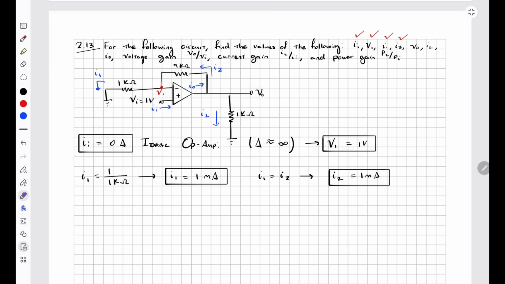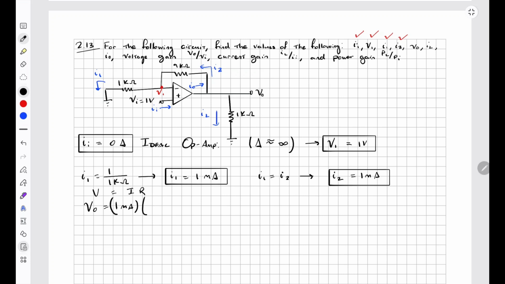So it's just the voltage drop across these two resistances, through which I1 is equal to I2, 1 milliamp. So V out is equal to the current there, which is 1 milliamp, and V equals IR, right?